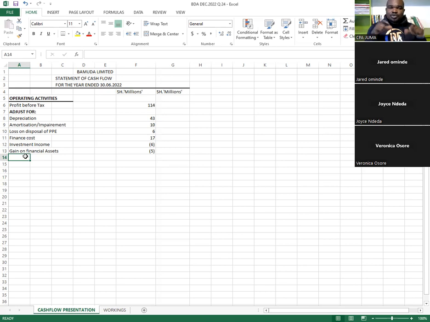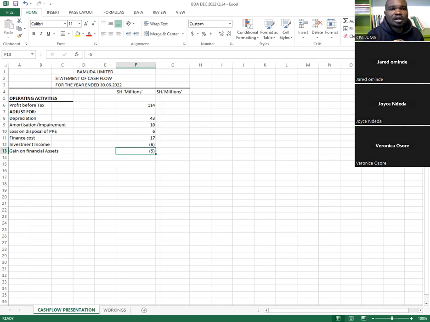The items which you should not bring here are admin, distribution, cost of sales, then revenue. Any other item appearing within that space, if it was added, even if you don't know what that item is, if it was added, subtract. If it was subtracted, add back. It is non-operation. And therefore, we need to get this total because this one is going to be our cash flow before working capital changes.